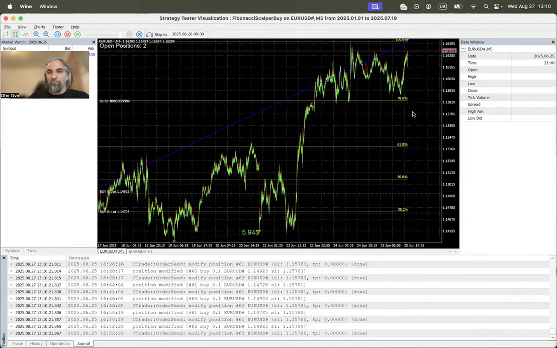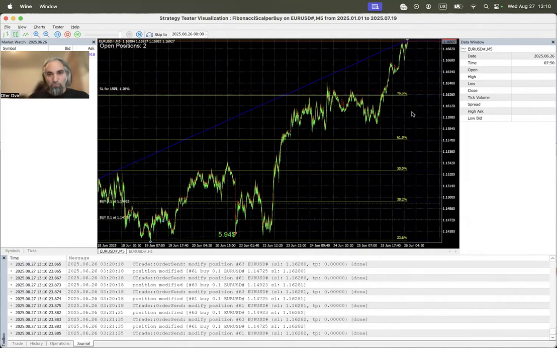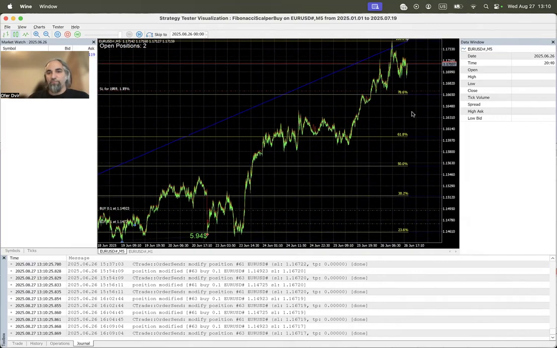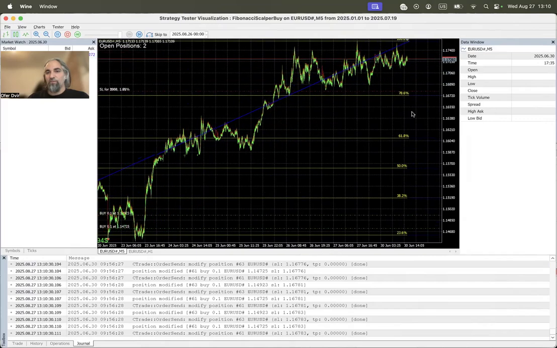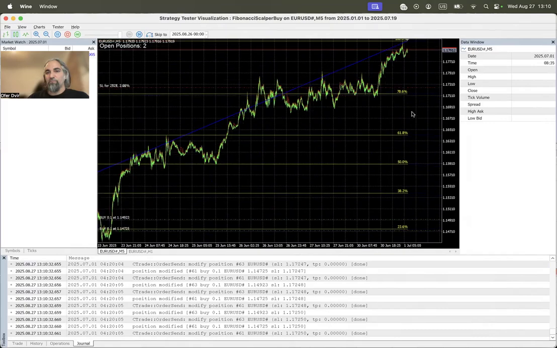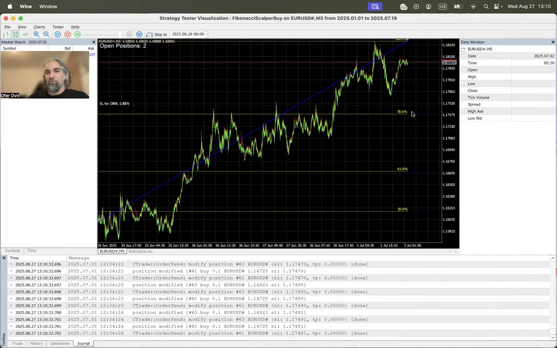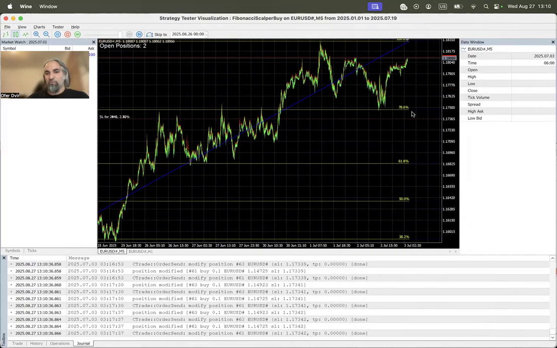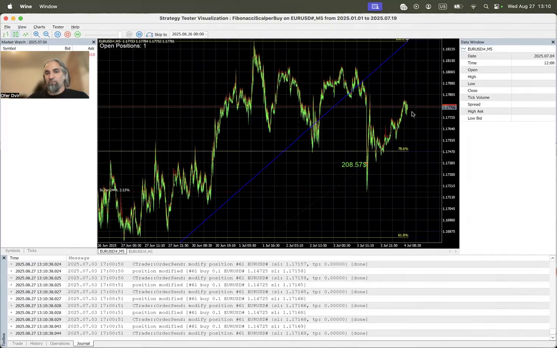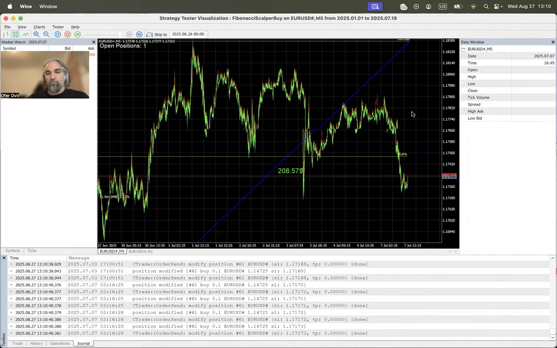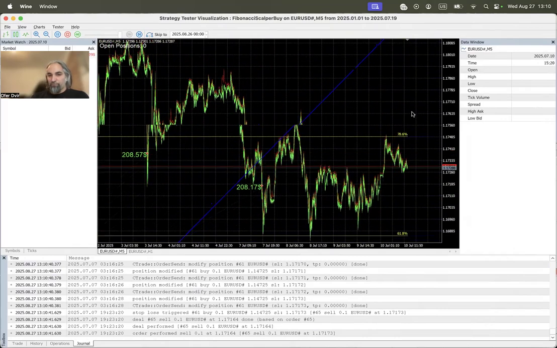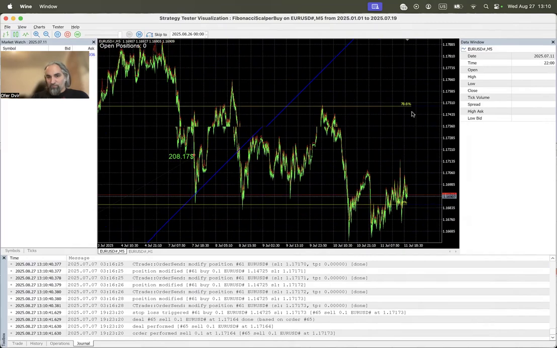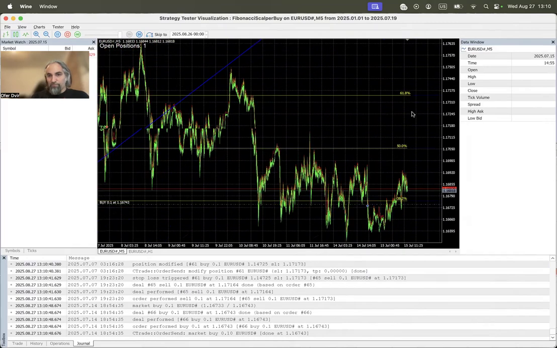You can see now the fallback gives a bit of room for the trailing loss. Okay. Looks like it's gonna open now.